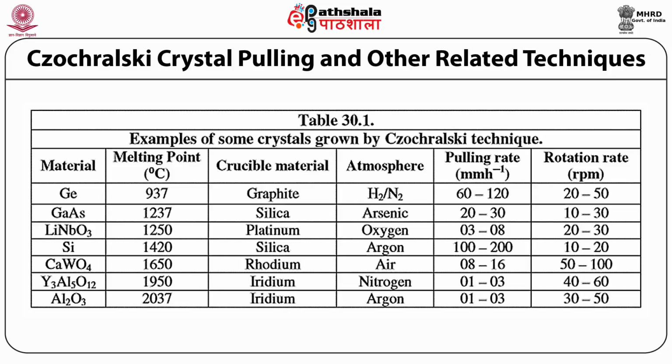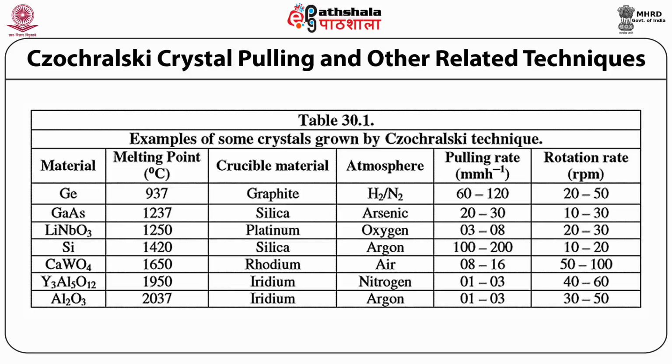For silicon, the melting point is 1420 degrees centigrade. The crucible material is silica. The atmosphere is argon, and pulling rate is 100 to 200 mm per hour, whereas the rotation rate is maintained at 10 to 20 rpm.